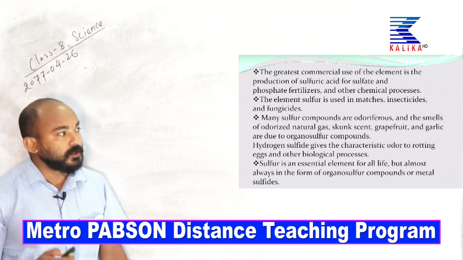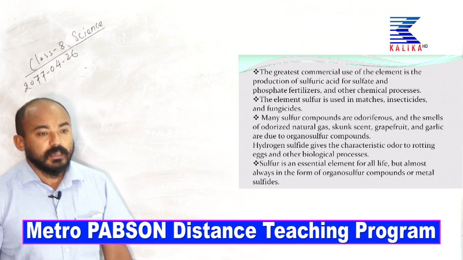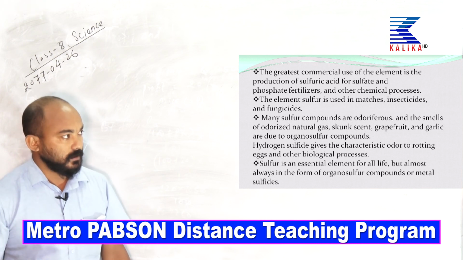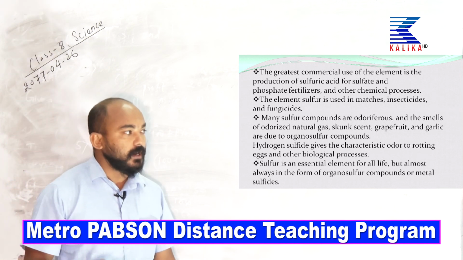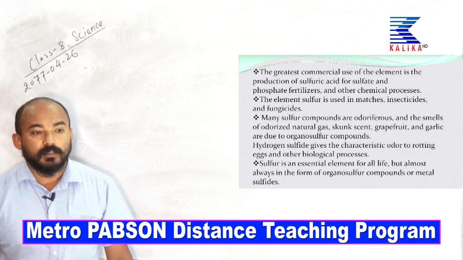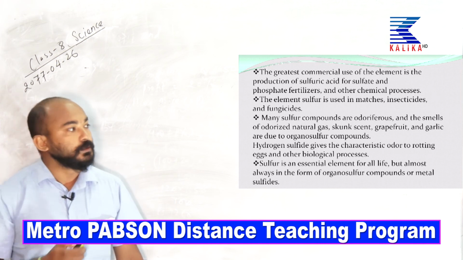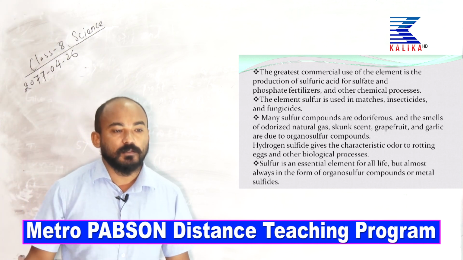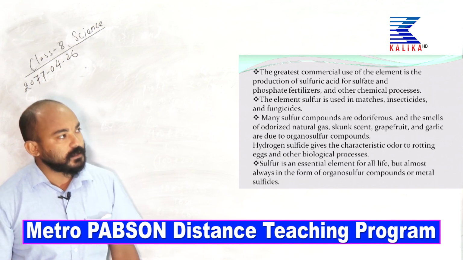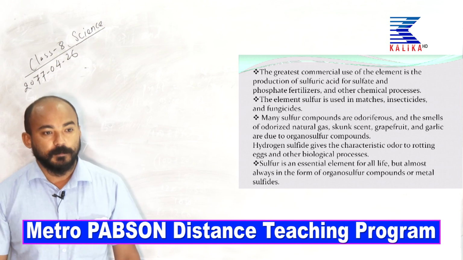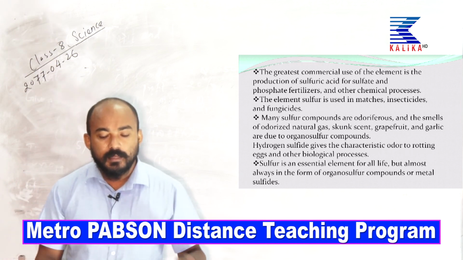When it combines with other elements it forms sulfides which are odorous, as in natural gas, grapefruits or garlic, which smell due to the presence of organosulfur compounds. These are the uses of sulfur, and this is the end of this chapter.